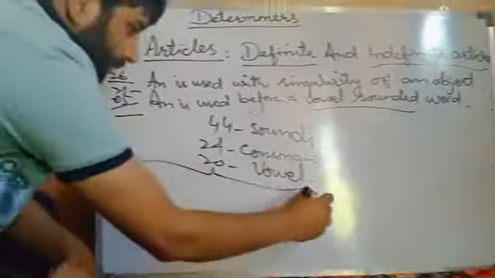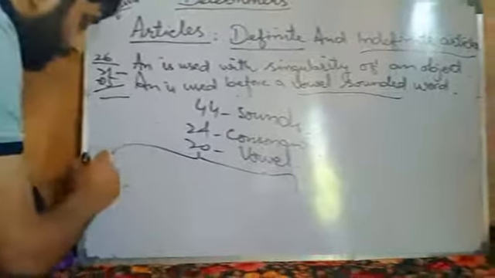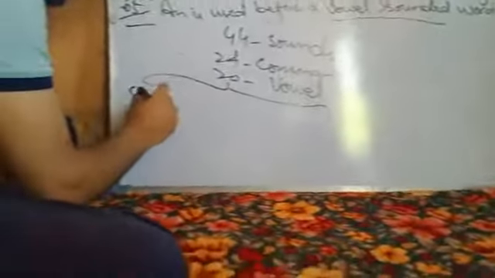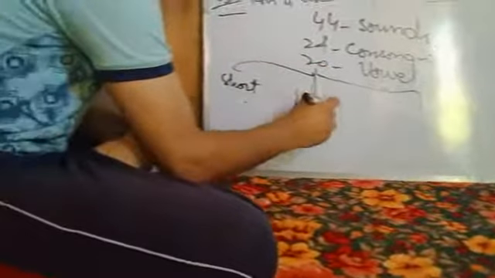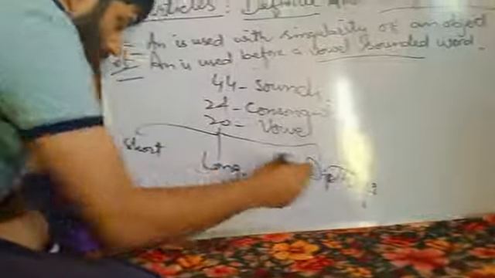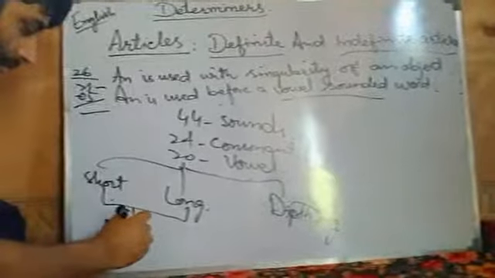Vowels are further classified into three: short vowels, long vowels, and diphthongs. Short and long vowels are known as monophthongs.